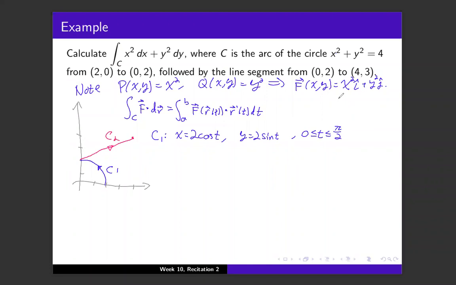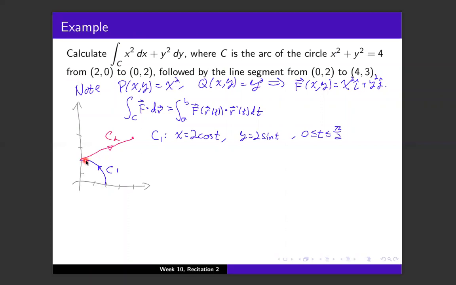Now, by the way, can you swap these? Can you say that instead we're going to say x is 2 sine t, y is 2 cosine t? In this case, no, you can't do that. And the reason you can't do that is because if you swapped them, if you swapped x is 2 sine and y is 2 cosine, then this curve would be going in the opposite direction, right? You would start up here. If it's x is 2 sine, well, then x starts at 0 and y is 2 cosine, y starts at 2.